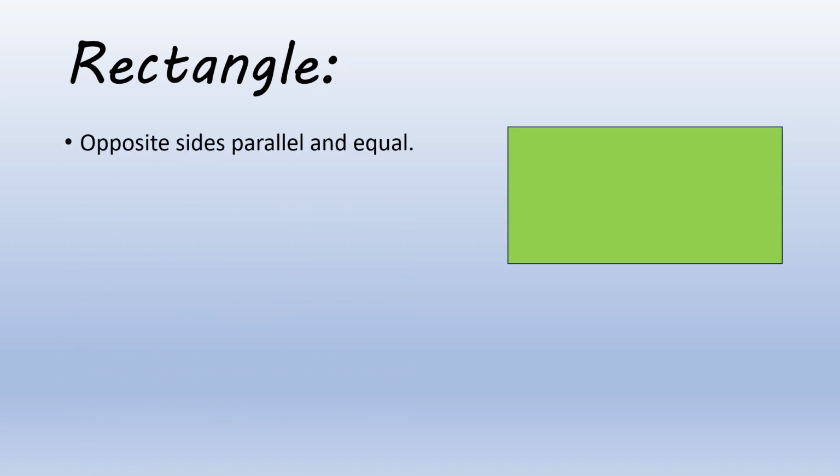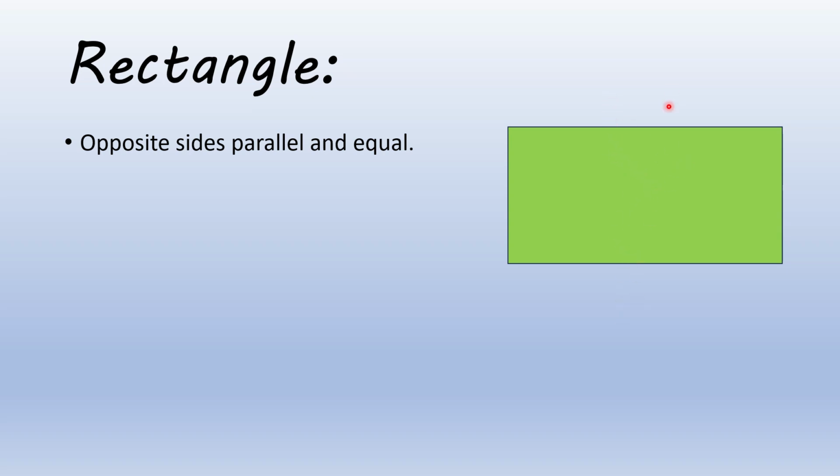Okay, now let's move towards the next quadrilateral, and the next one we have is a rectangle. So this is a rectangle we have with us. Now we'll see one by one what are the properties of it. So opposite sides are parallel and equal. So these are opposite ones. Now what is opposite? The ones which are facing each other.